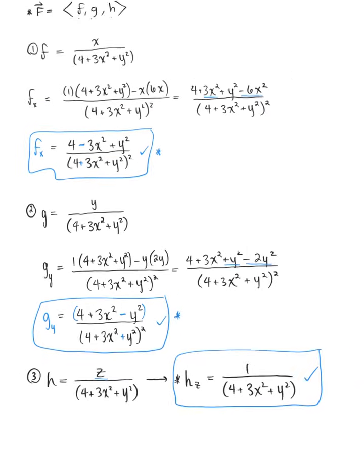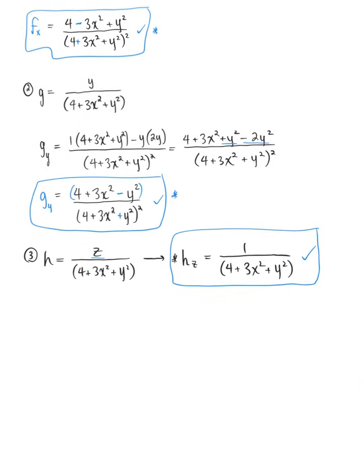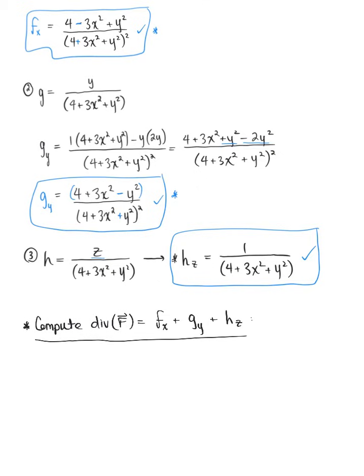So here we go. I'll scroll up for more room once we write these down. So we want to now calculate the divergence. And we of course know that's the partial derivative of f with respect to x, plus the partial derivative of g with respect to y, plus the partial derivative of h with respect to z.